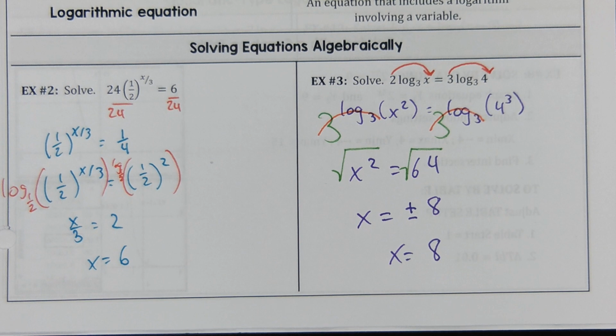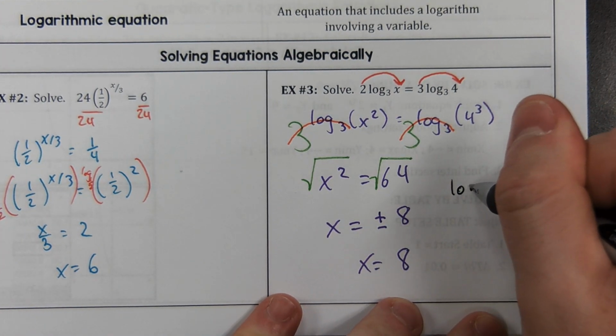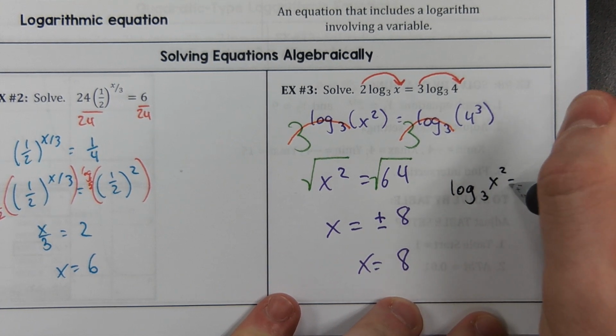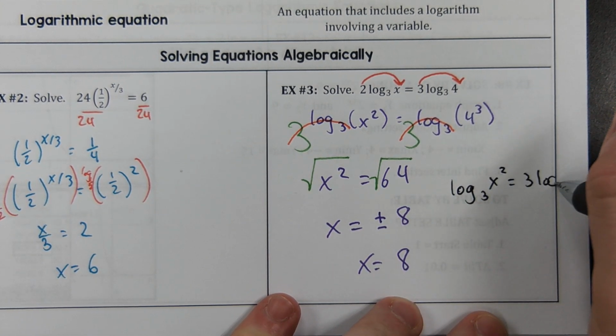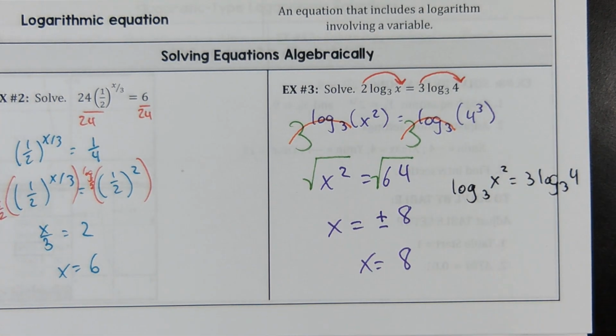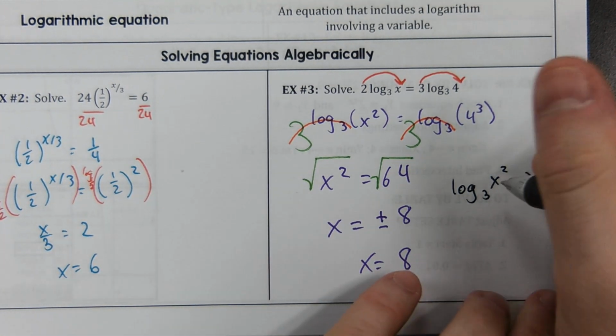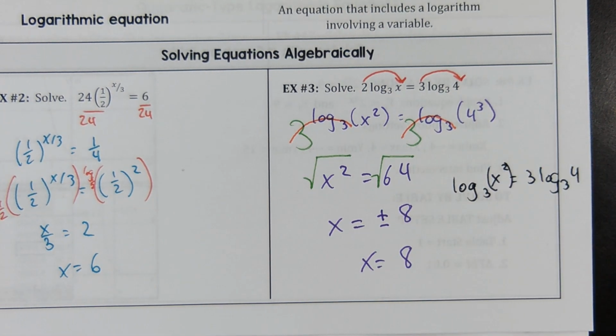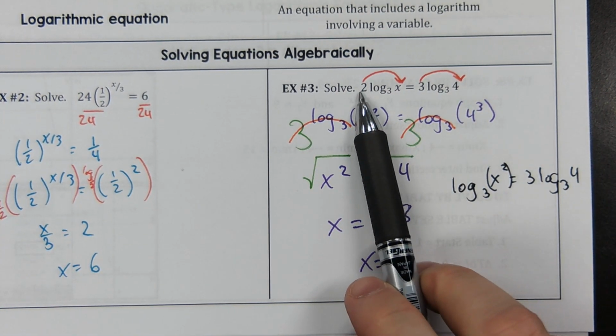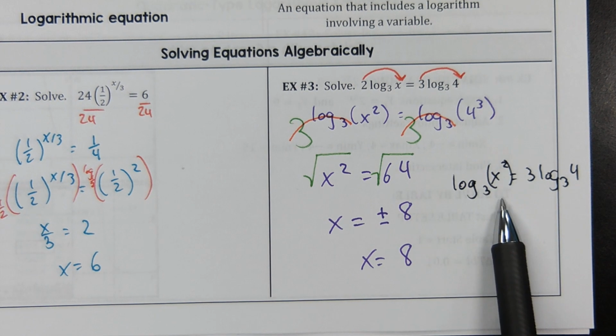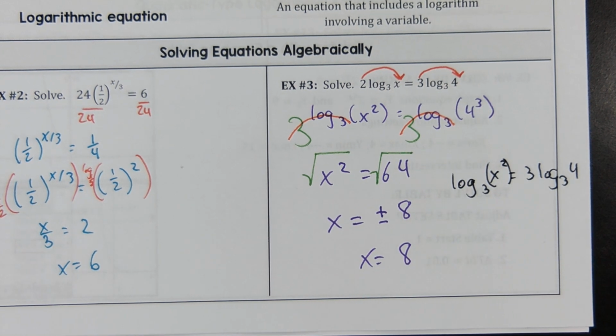But the reason why we needed to talk about the plus or minus is because sometimes you would get 2 answers. It just depends. Well, let me show you. If the original question had said this, and not this, if this was the original equation, then it does have 2 answers.